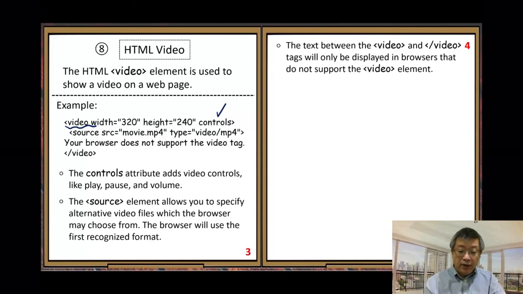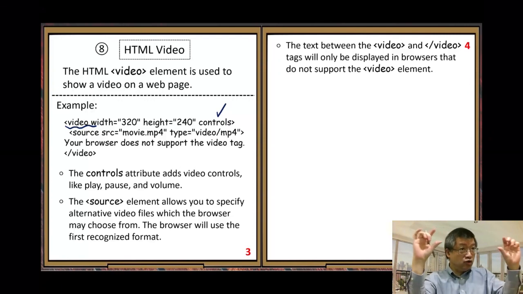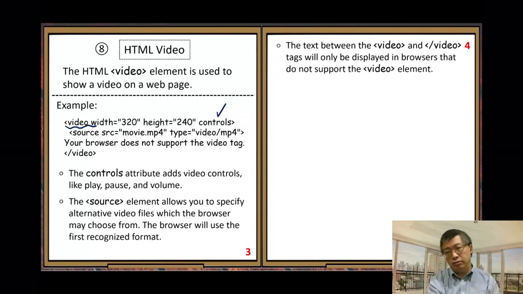All right. So the text between the video tags is only displayed in browsers that do not support the element. Just like with image, right? Remember, there is the alt attribute. When the image file is not available, then you have a string to be displayed as the value of the alt attribute.